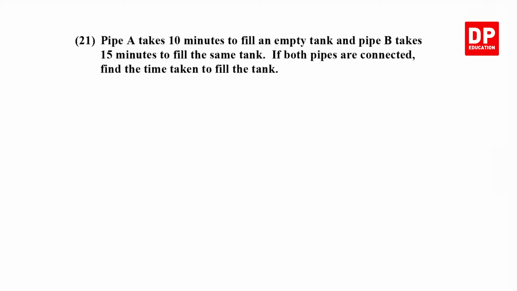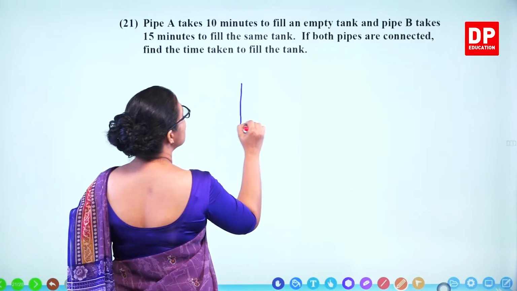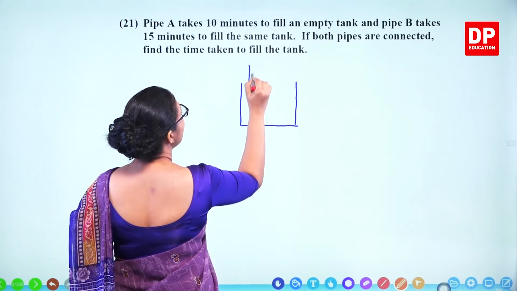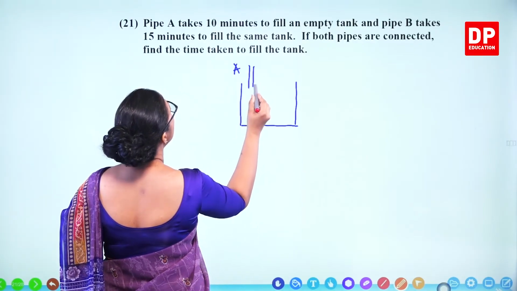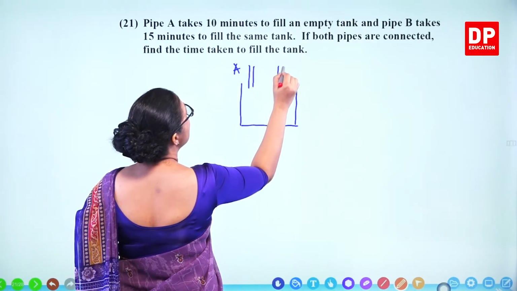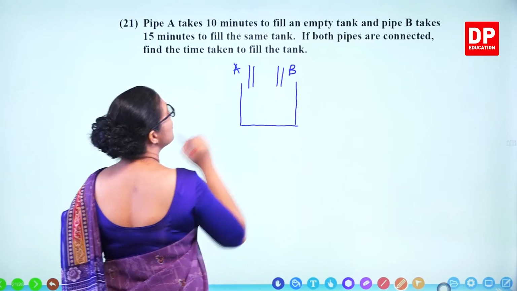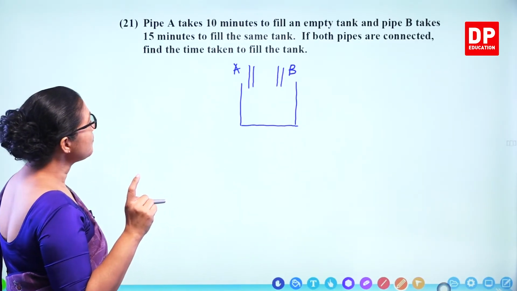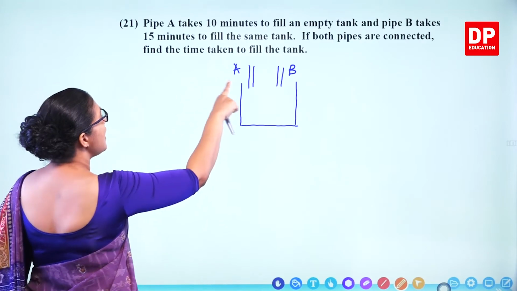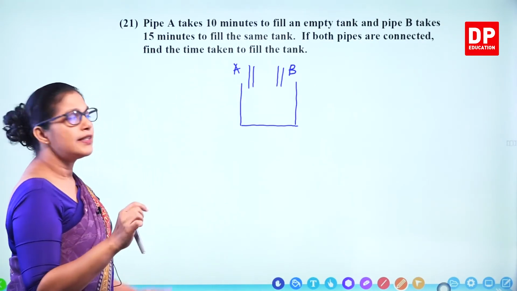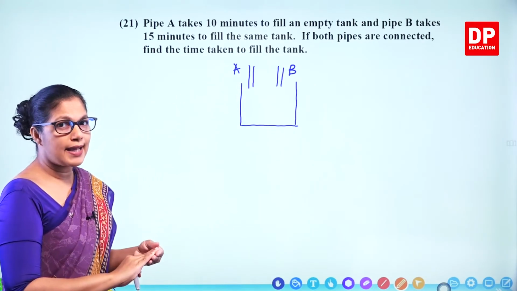Question number 21. Pipe A takes 10 minutes to fill an empty tank and pipe B takes 15 minutes to fill the same tank. If both pipes are connected, find the time taken to fill the tank. So think about this being the tank, with pipe A and pipe B. Both are there. Now, if you take pipe A separately, 10 minutes to fill the whole tank.